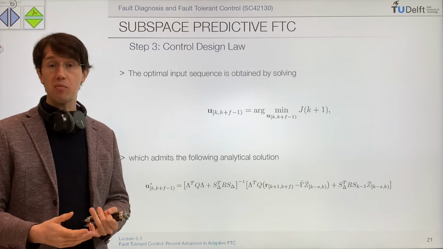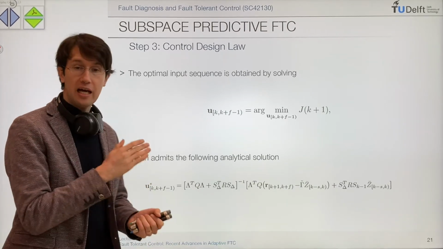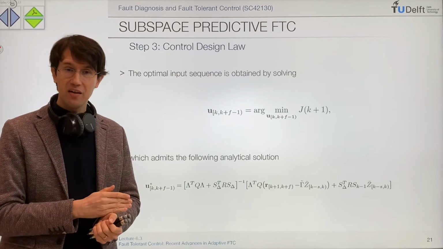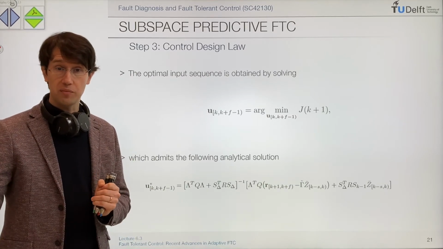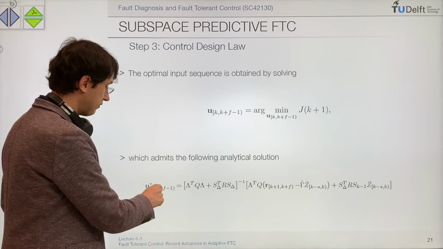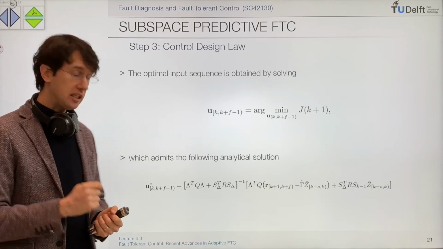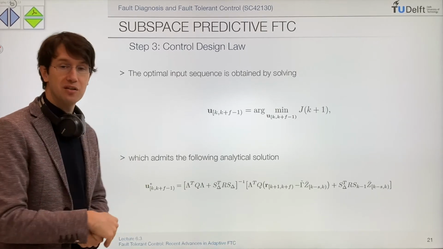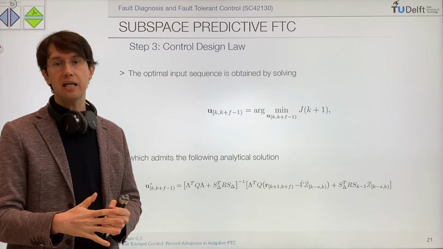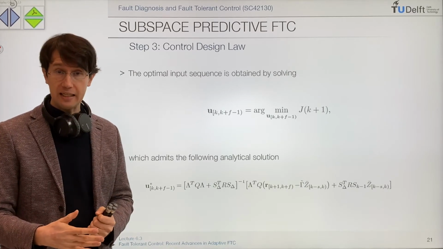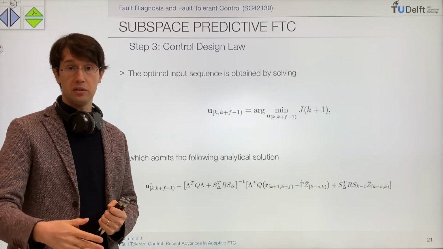And if you remember how model predictive control works, this is going to be computed at every time k, and the solution is valid for the future time window from k to k+f-1. But at every time step, you are applying just the first element of this sequence U star. And then at the next time step, you compute that again, and you again apply just the first element, and on and on and on.